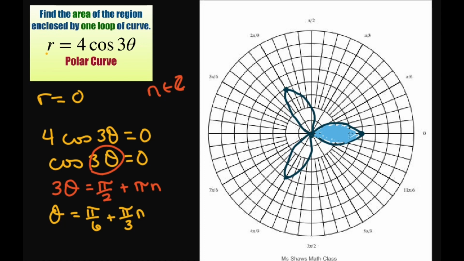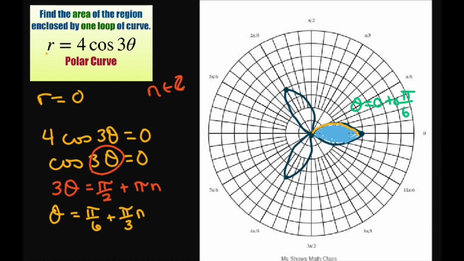So the part of the shaded loop above is traced out right here for theta equals 0 to pi divided by 6.